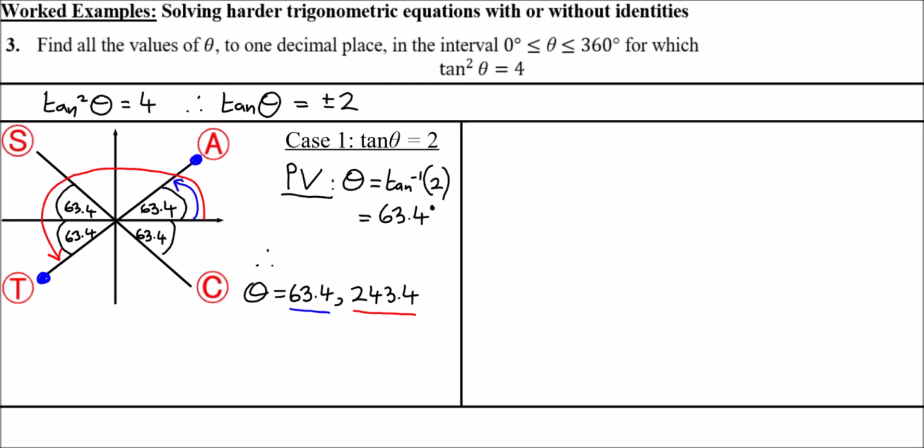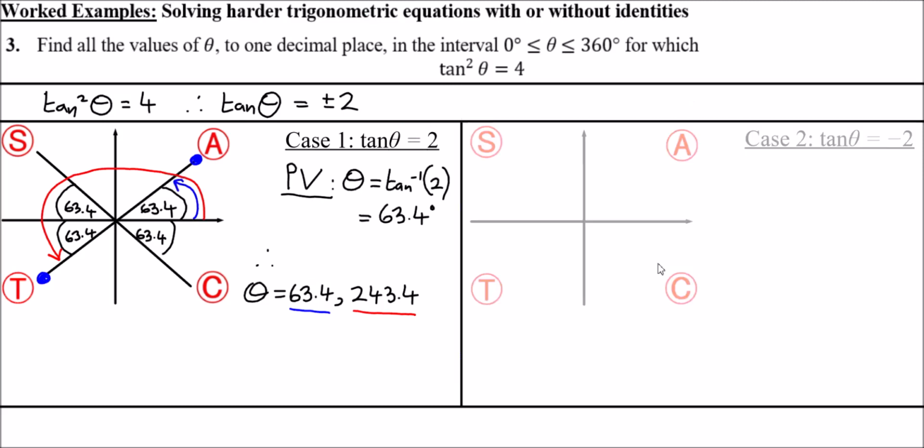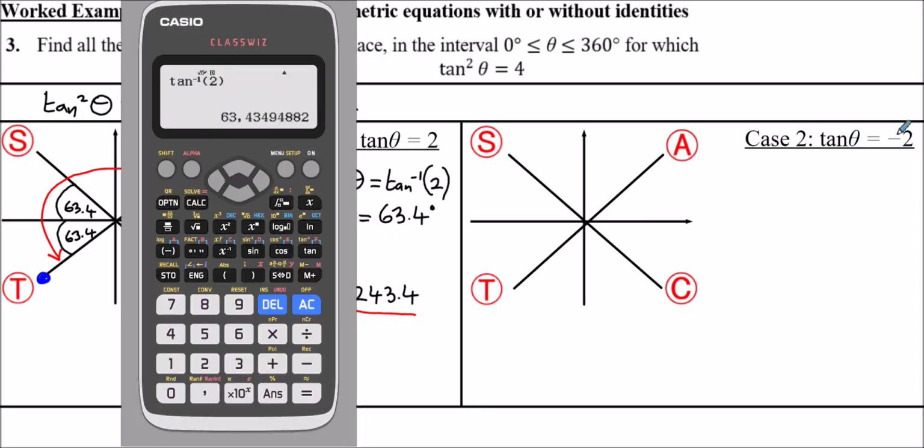The second thing is case 2, if tan theta happened to be minus 2. Again, CAST diagram, this is going to be very similar to the one we've just done. Again, do the big X and work out the principal value by using the calculator and doing shift tan of minus 2. I'm just going to keep that 2 here, input a minus in front.